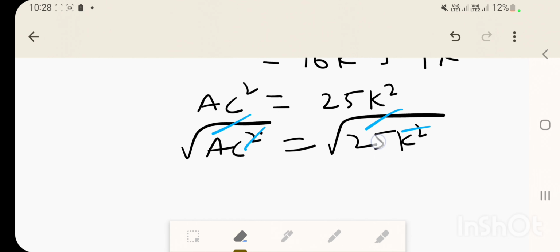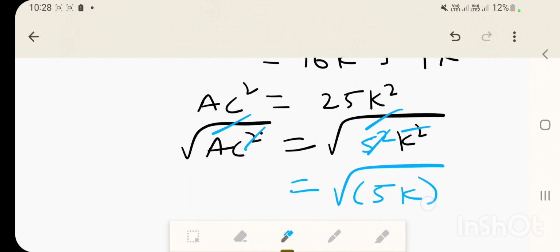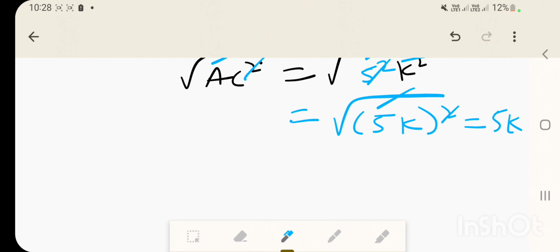And here we have 25, which we can write as 5 square. So this square and the square root will get cancelled. Or, as another step, you can write it like this, 5K whole square. Now this square and square root will get cancelled. What we get is 5K. So hypotenuse AC is going to be 5K.